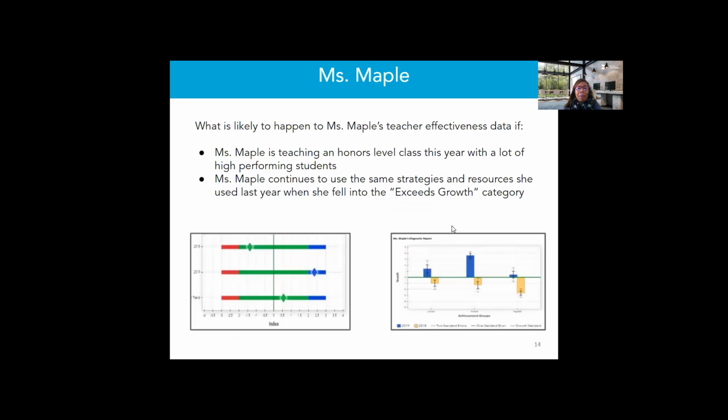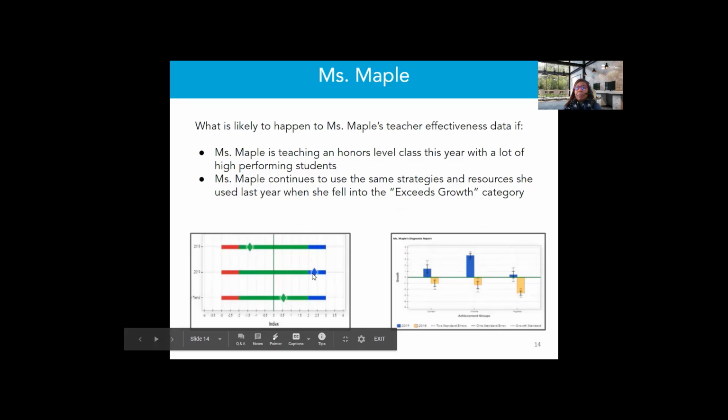So if we think about Ms. Maple, how she's grown, and what her current diagnostic data is for her low, middle, and high kids, what is likely to happen to Ms. Maple's teacher effectiveness data if she teaches an honors level class this year with a lot of high performing kids, and continues to use the same strategies and resources she used last year when she fell into this exceeds growth?